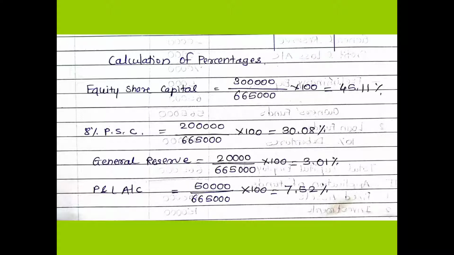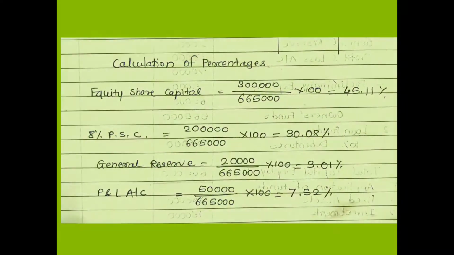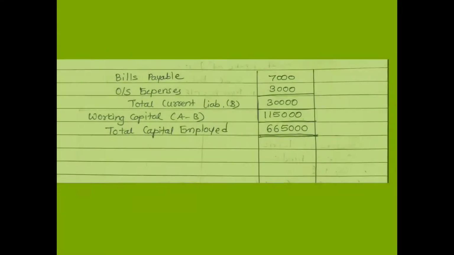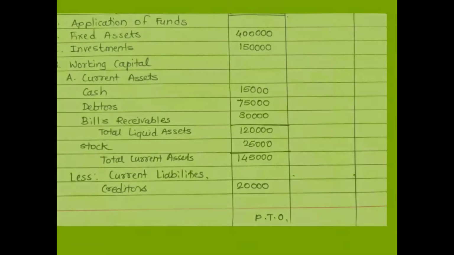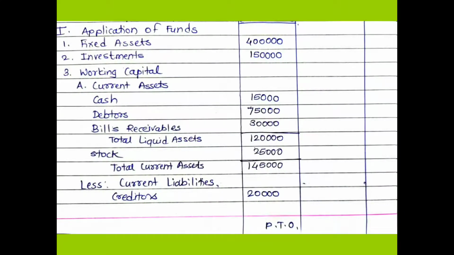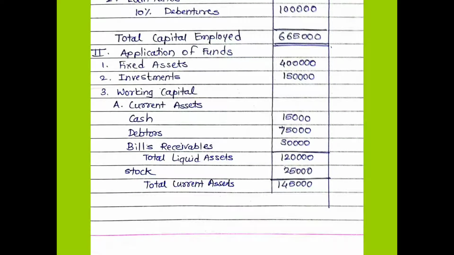In the same way, we have to calculate all these amounts into percentages, all these current liabilities, then all these assets, everything we are going to convert here. All will be divided by total capital employed and multiplied by 100, so that we can get the percentage.